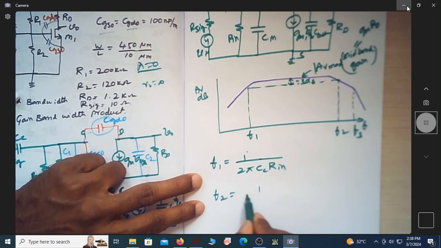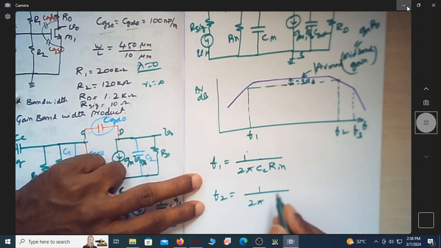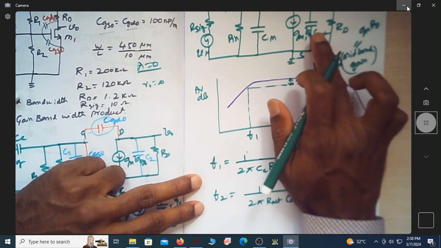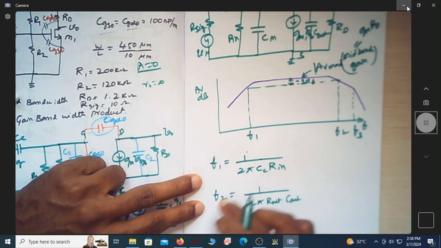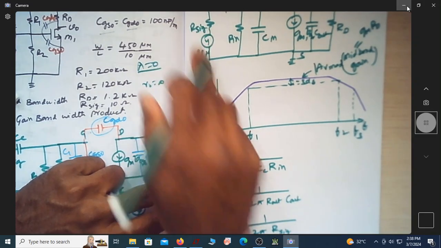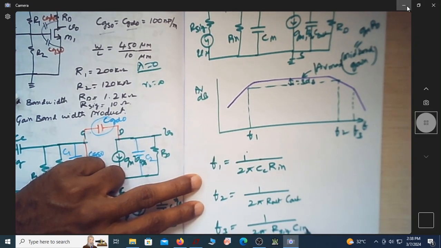The second cutoff frequency is 1 over 2 pi Rout into Cout. This capacitance and this resistance constitute F2, and F3 is 1 over 2 pi R signal and Cin.